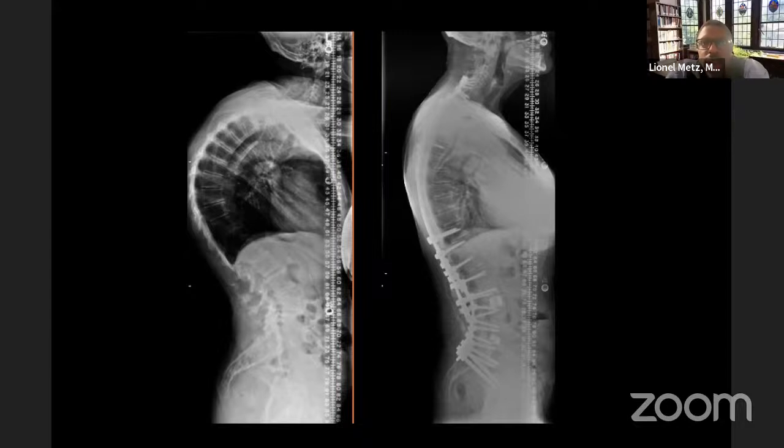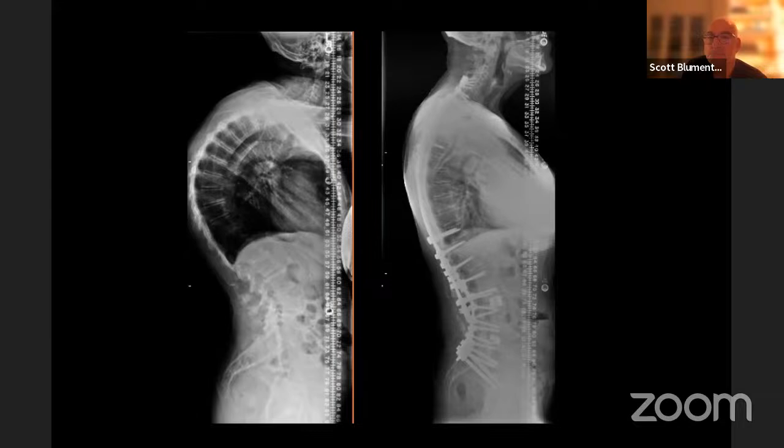And what I juxtapose that to is the consequences of fusing additional levels that I wouldn't need to fuse, I guess. And so I think most patients would accept a 30% revision rate rather than a 100% chance that they're not going to be able to move from C2 to pelvis.